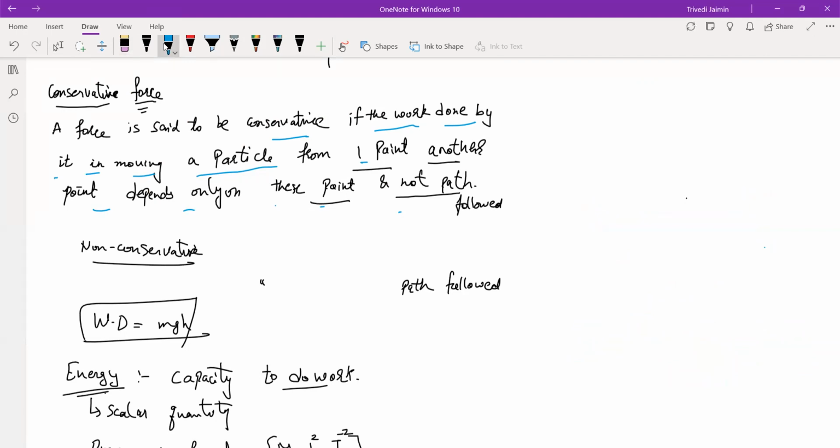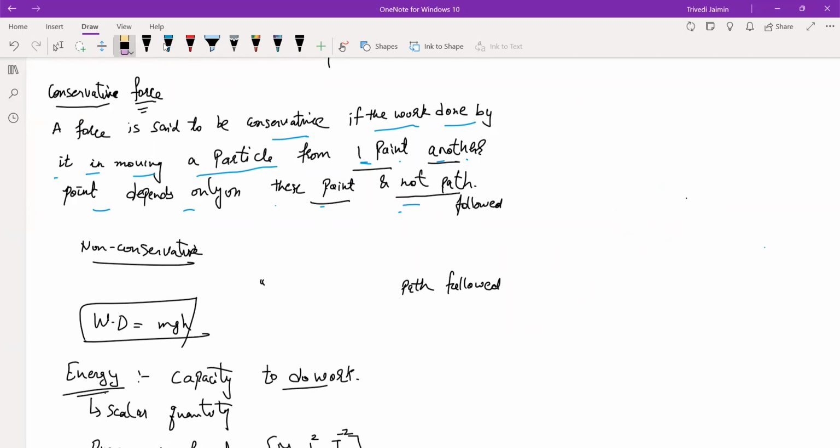We are just worried about where it is moving. That's why we wrote here one point to another point. That is conservative force. Non-conservative force is one which follows the path. Same example, how and where it is moving, it depends.